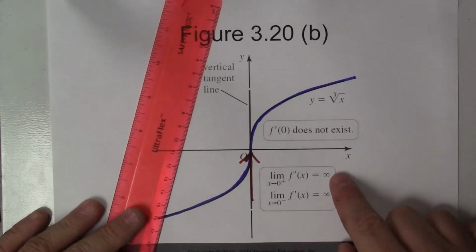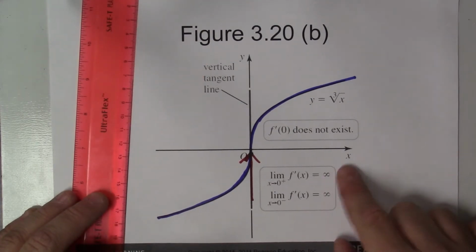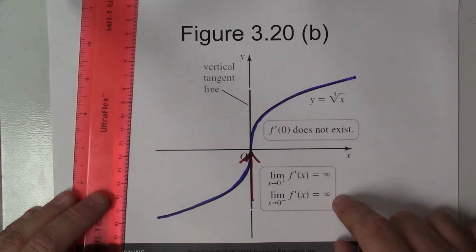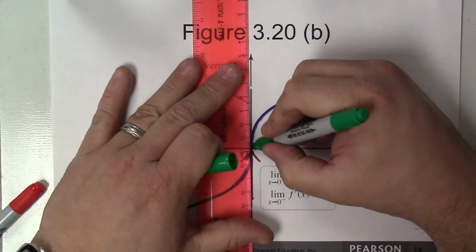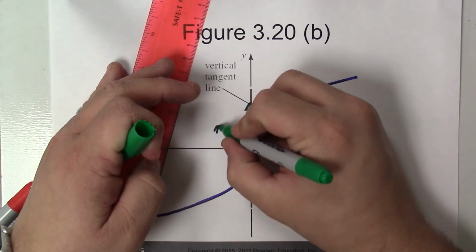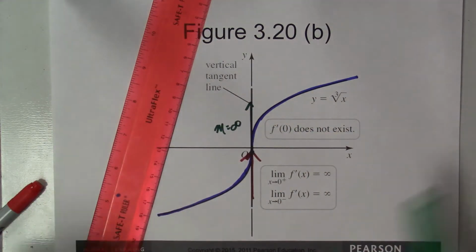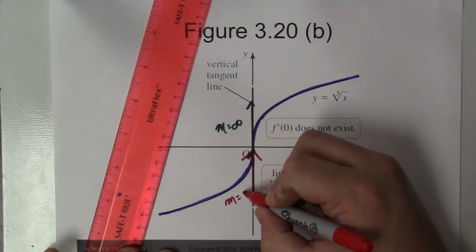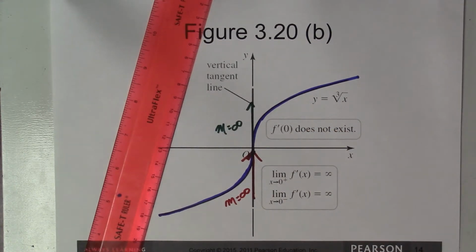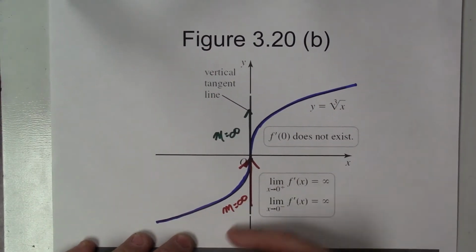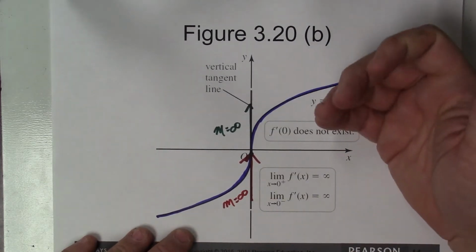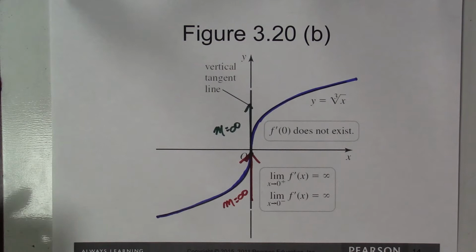The problem here is the derivative from the left is infinity, and equally so, the derivative from the right is infinity. It has a slope of infinity, and we're saying that's undefined. Remember, we want the slope here to be something that I can graph on a function. Well, we can't graph infinity on a function. So here we have to say that the derivative is undefined at 0 because that slope is infinite.